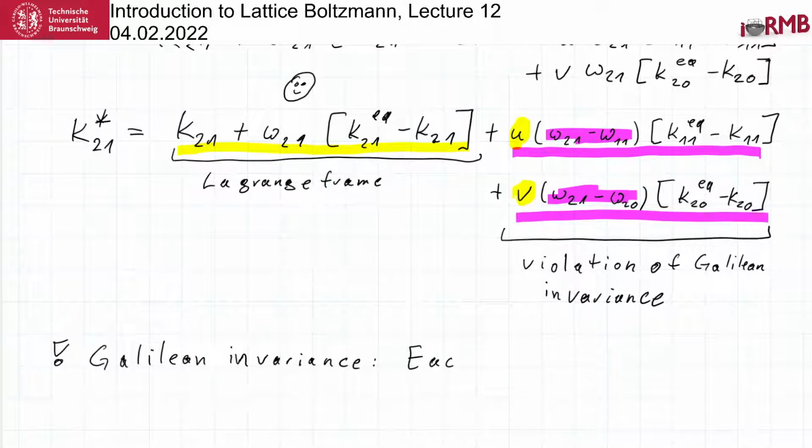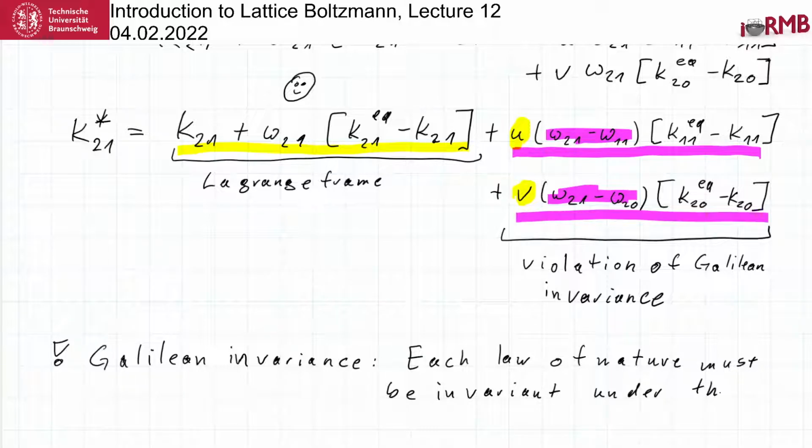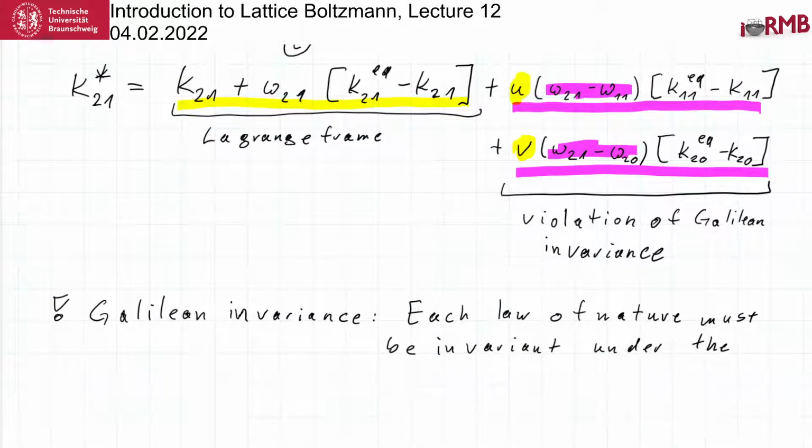Galilean invariance is the statement that each law of nature must be invariant under the inertial frame in which it is stated.